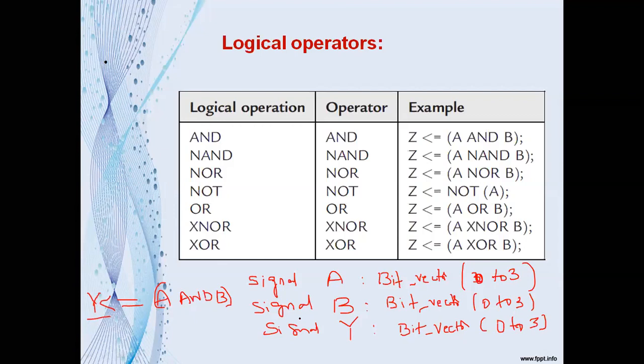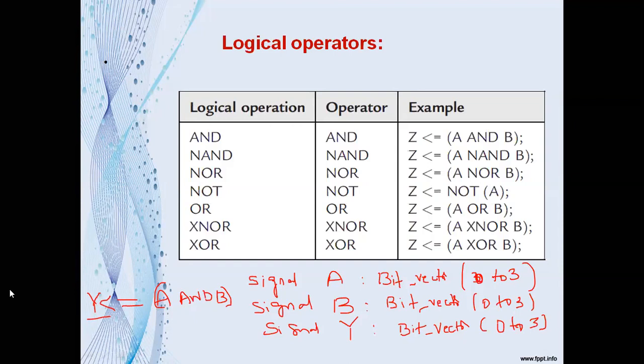So the logical operations can be performed on the bit, Boolean, and a one-dimensional array of bit and Boolean. Simply, these logical operators perform the logical operations bit by bit. So these are logical operations.